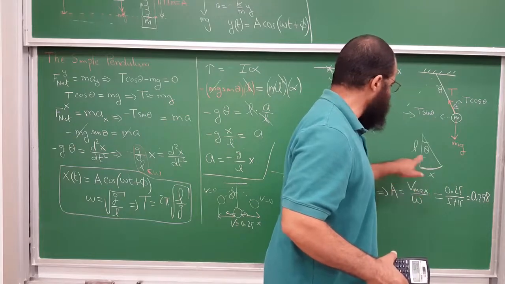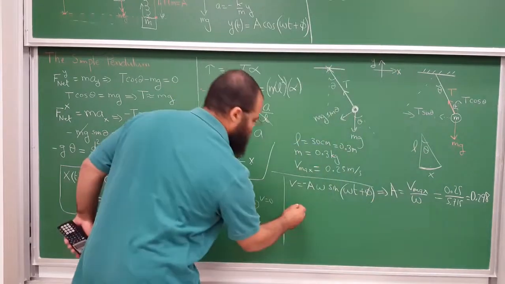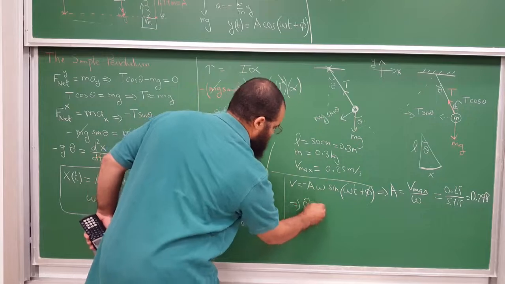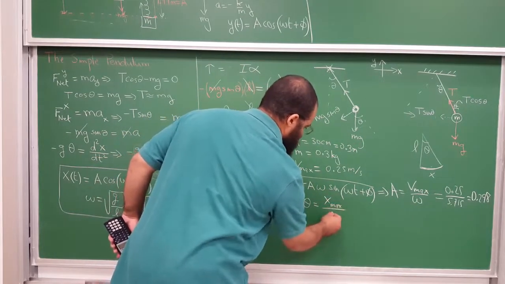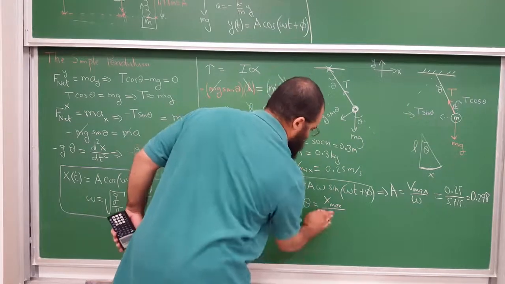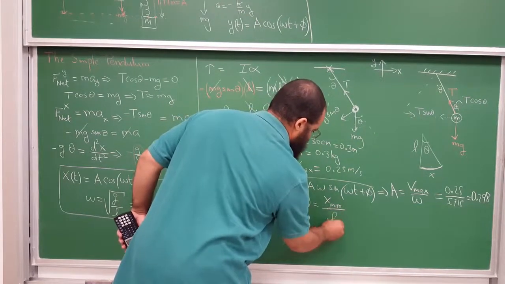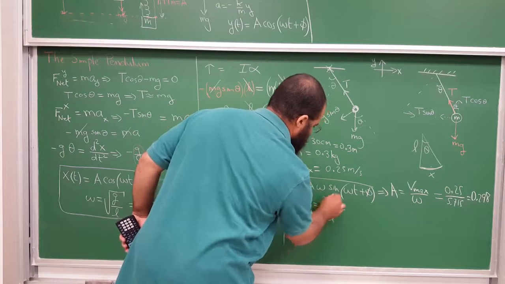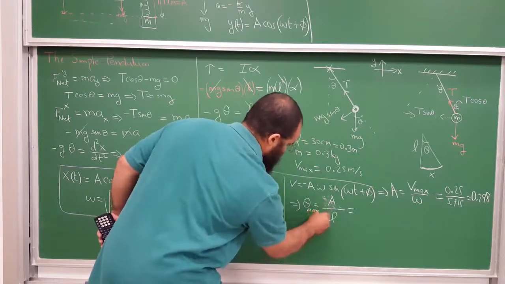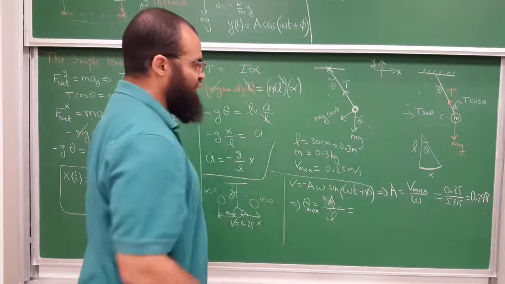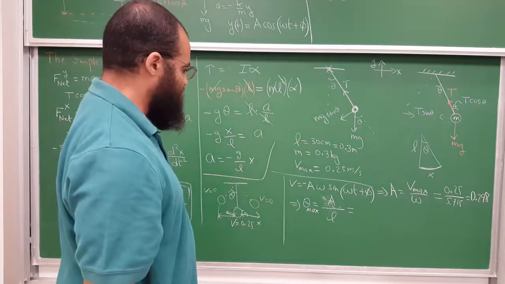So theta will be x divided by L. So theta will be x maximum, the amplitude, divided by L. Let me put amplitude divided by L, theta maximum. And so you take that 0.928 and divide it by the length.